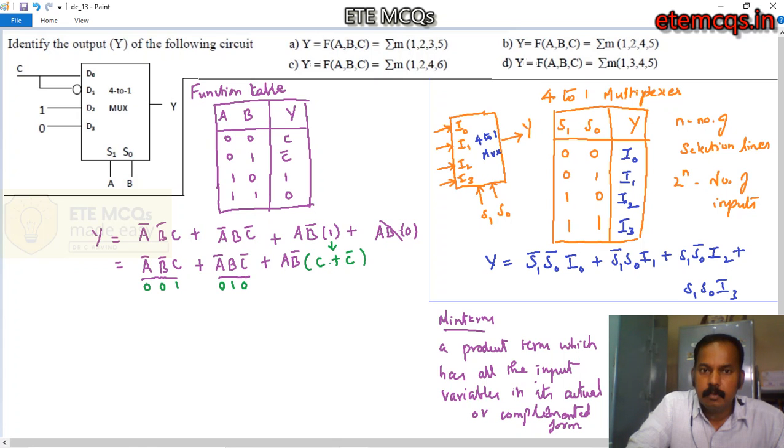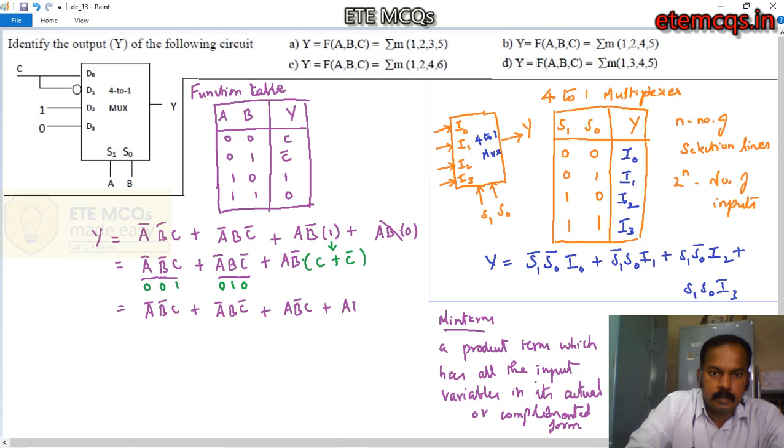So 1 is equivalent to C plus C bar. Now you perform the Boolean AND operation, you will get 4 min terms. The Boolean expression can be rewritten as A bar B bar C plus A bar B C bar plus A B bar C plus A B bar C bar.